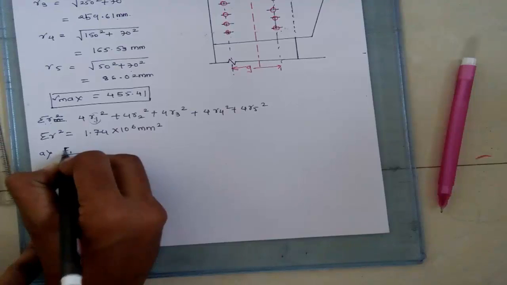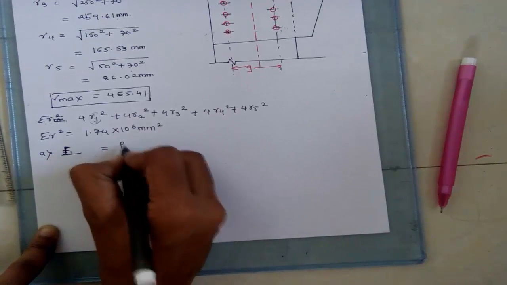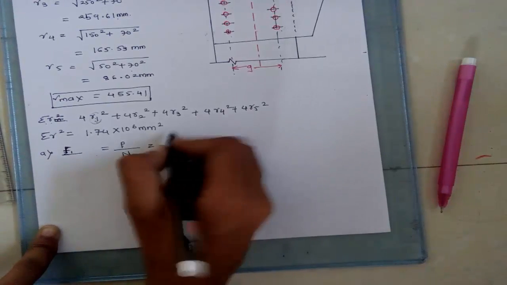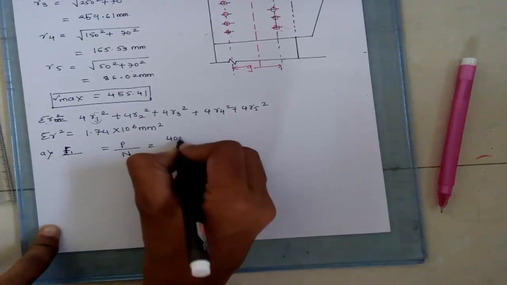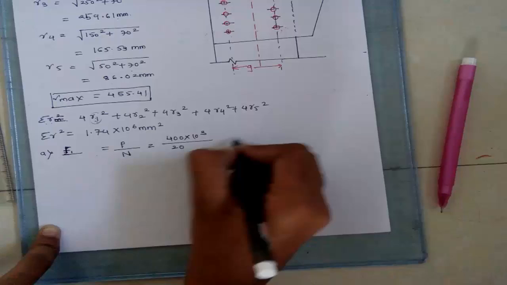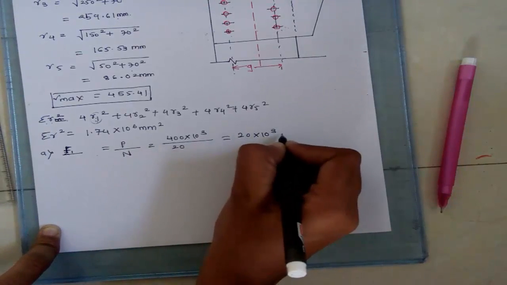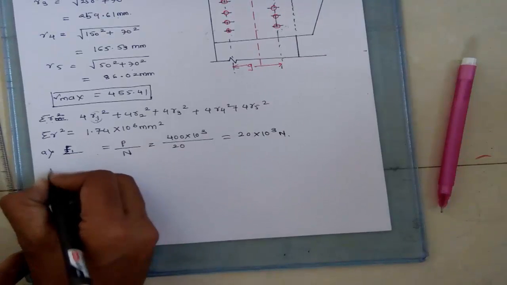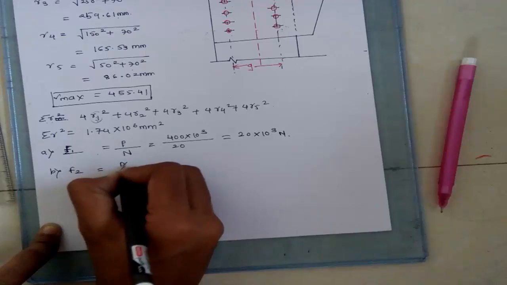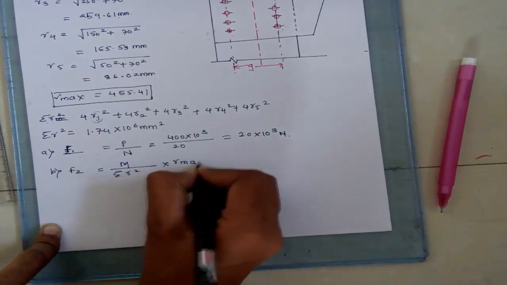First we calculate F1, the direct shear, for which the formula is P upon N. P is 400 into 10 to the power 3 upon 20, so we get 20 into 10 to the power 3 Newton. Second, the force in the bolt due to twisting moment is M upon summation of R square into R max.